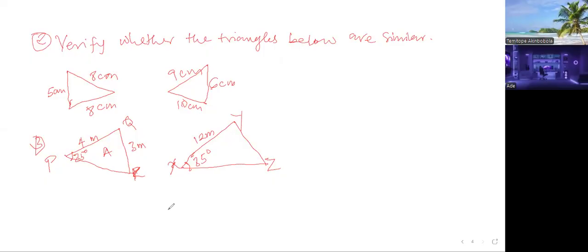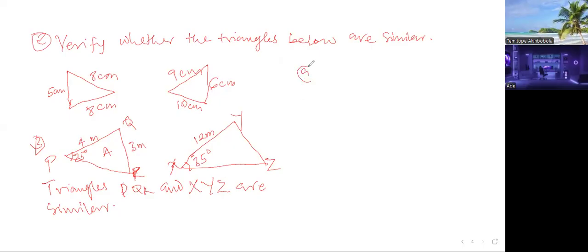So the question now says, draw that and write quickly because we have 7 minutes. Triangles PQR and XYZ are similar.